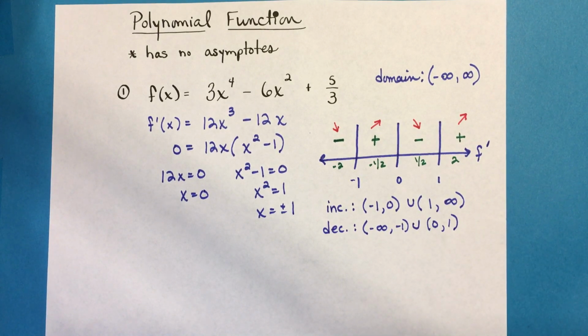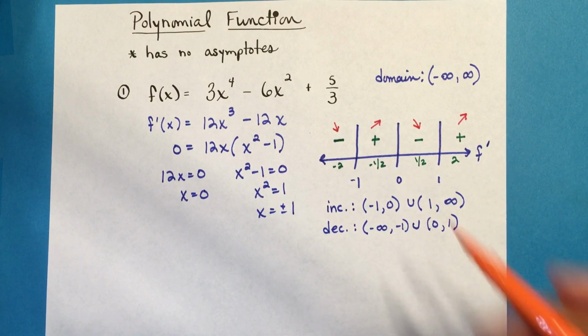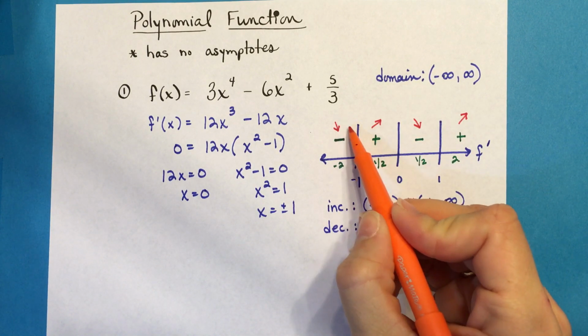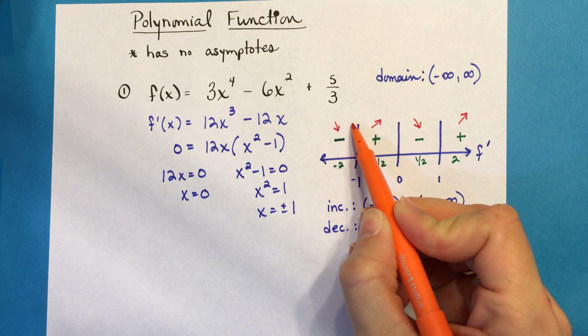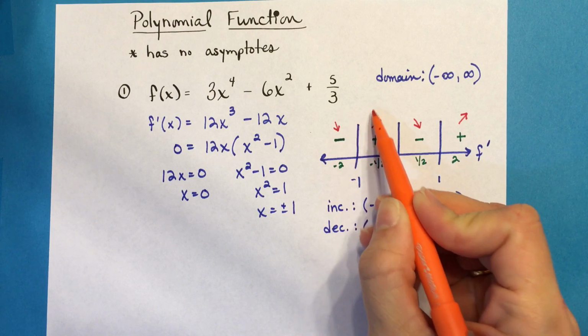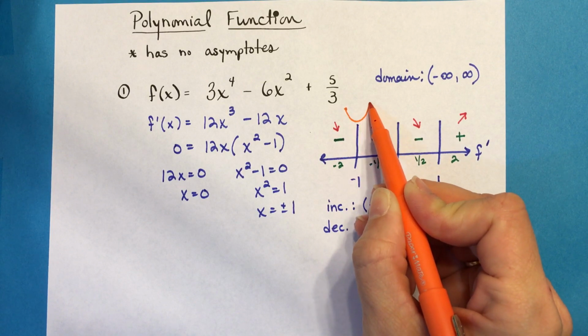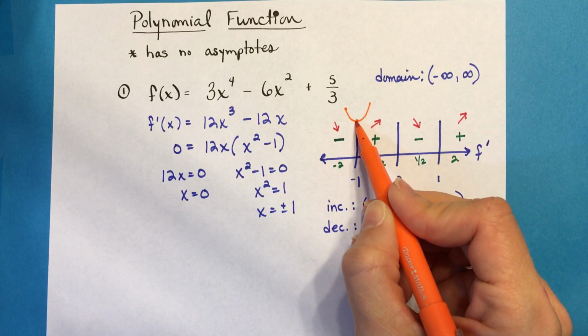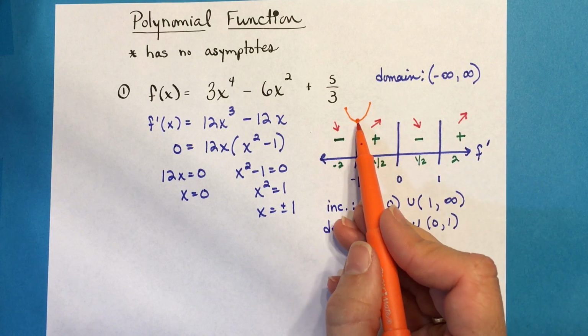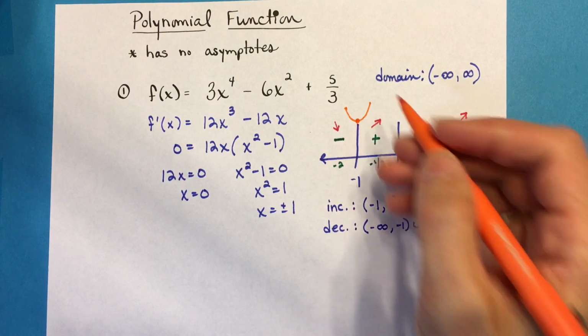Now, also from here is where I can determine maxes and mins. I'm decreasing in this interval, and then once I get to the -1, I change and increase. So my graph's going to be coming down and it's going to curve and go back up, which means right here at the -1, this is going to have to be a minimum value.